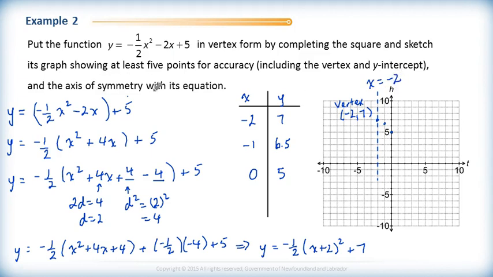So I've fulfilled that part of the problem. Now I've got points on the other side of the axis of symmetry to get the remaining points that are required for the problem. So that's at least 5 points, and I can now sketch my graph. Something like that. Put some little arrows on there, and now I have my sketch with all the required points.